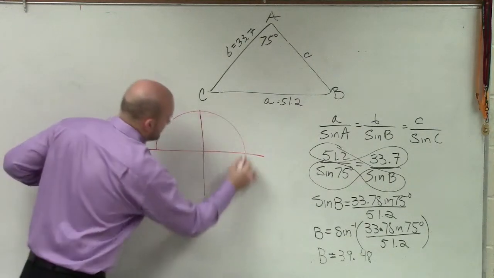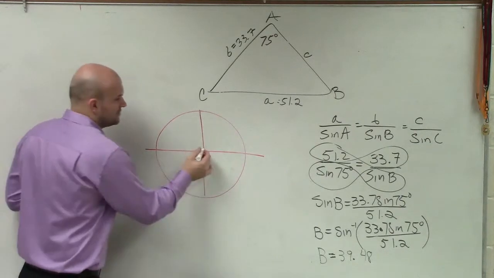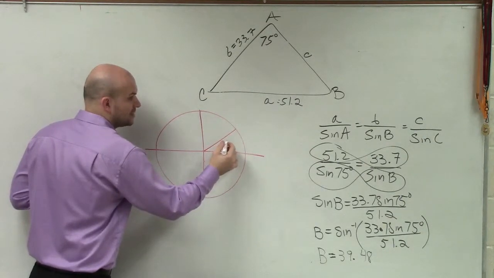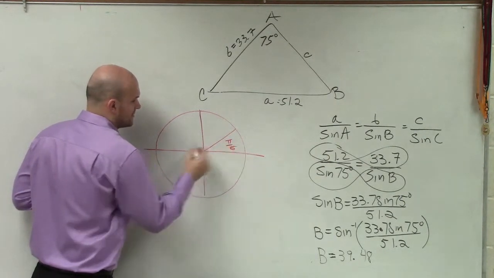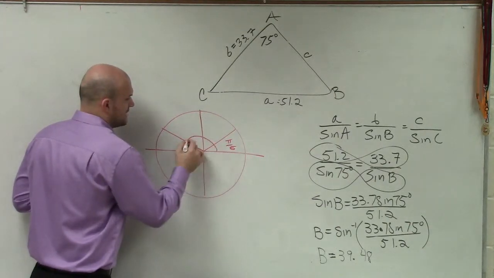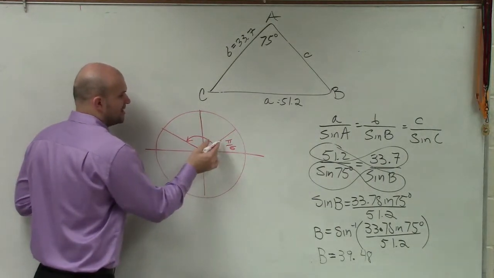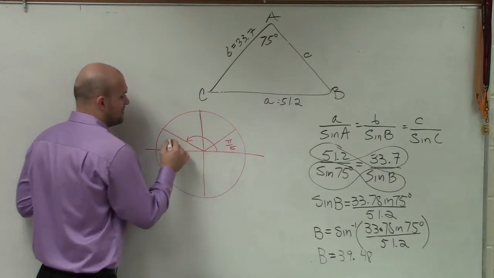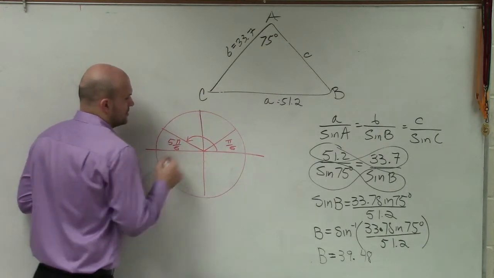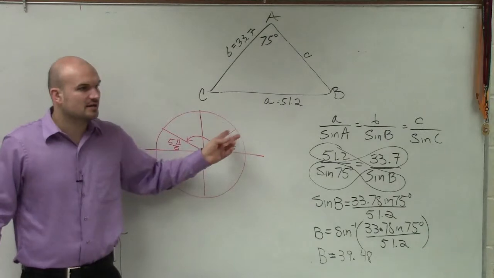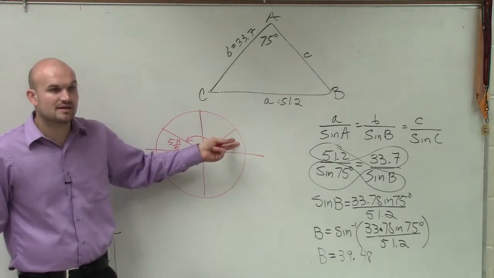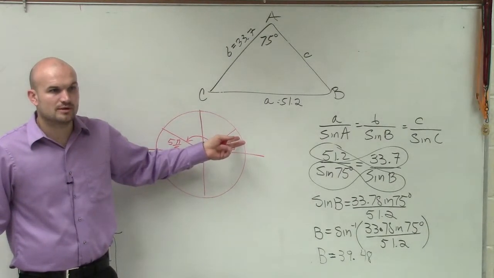When you were looking at angles, let's look at the angle pi over 6, and then the angle 5 pi over 6. What was the sine of this, Garrett? Do you remember the coordinate point?